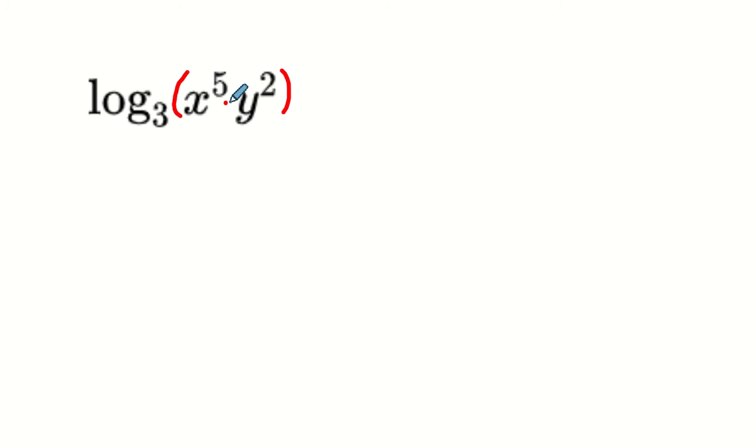Since we're multiplying x to the fifth and y squared, remember that when you're expanding, multiplication becomes addition. So this becomes log base 3 of x to the fifth. What goes in each log is what's being multiplied.